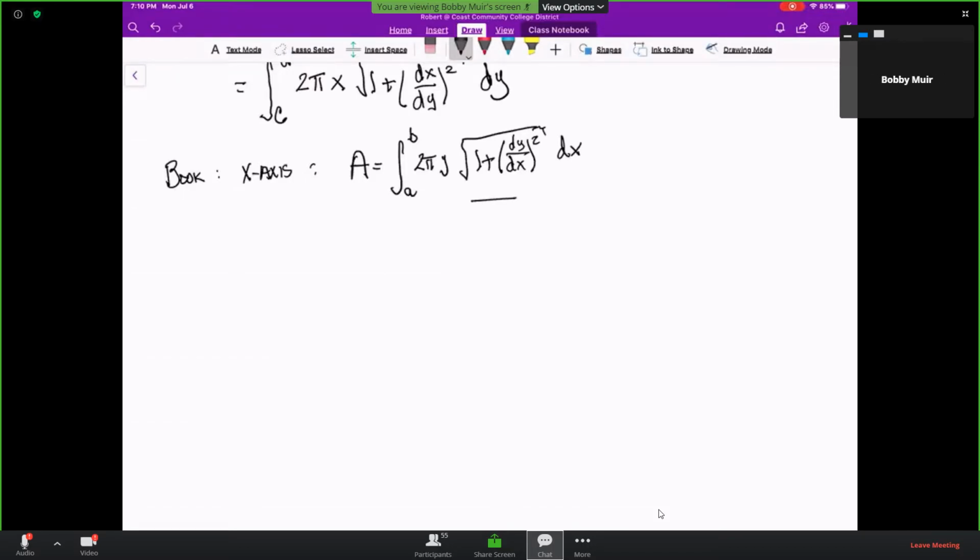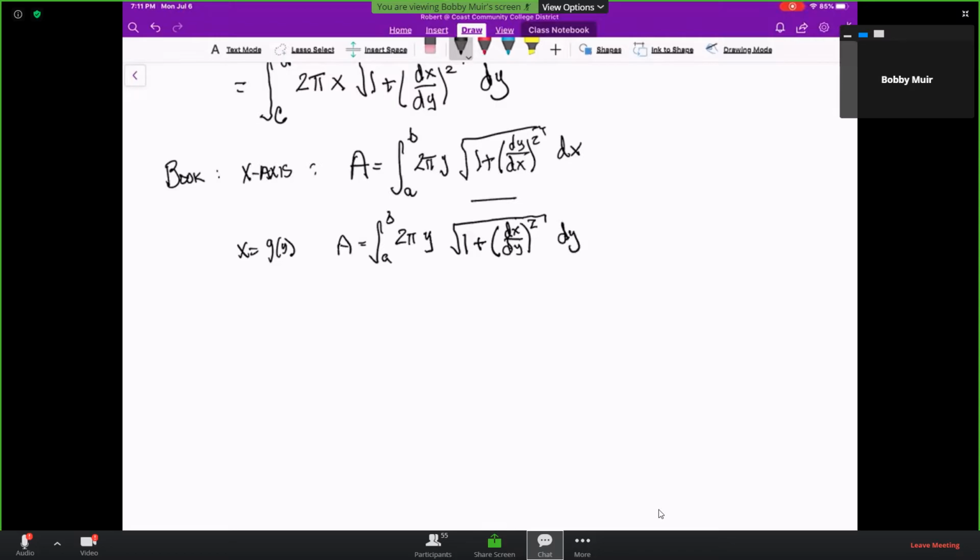And then he says that if, like I said, x is a function of y, then the area is going to be the integral from a to b of 2 pi y square root of 1 plus (dx/dy) squared dy.